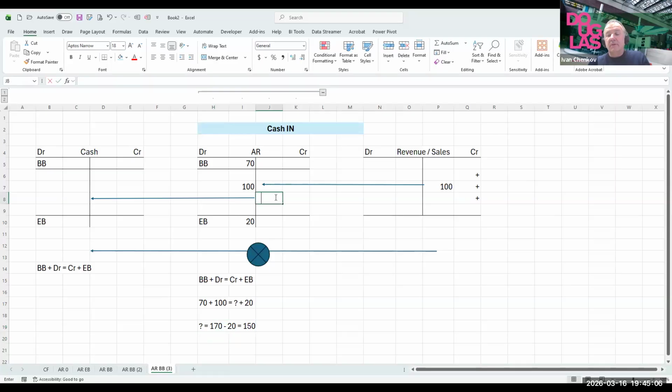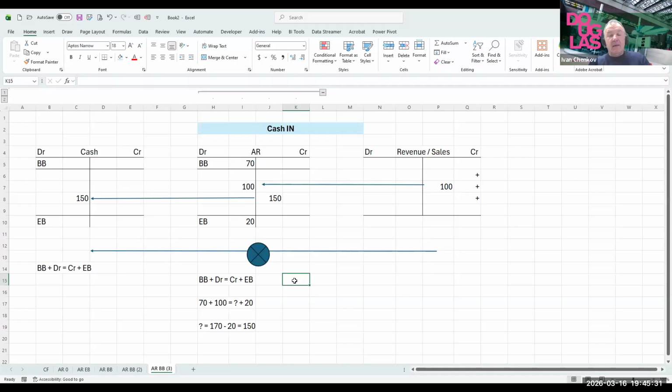So those $150 are going to come here. Did we collect our sales for the period? Most likely we did. What else did we collect? We collected $50 from the previous period. Make sense?